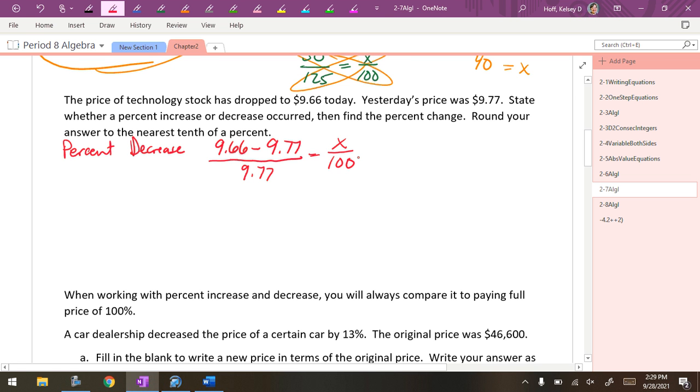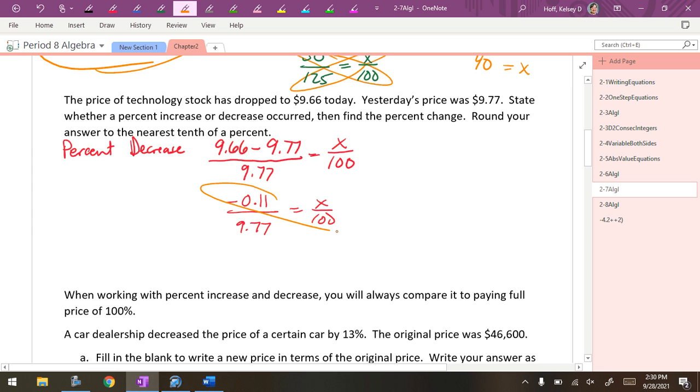We're trying to find the percentage. 9.66 minus 9.77. Negative 11 cents. Does that make sense? Yeah. Why? It dropped. It's a decrease. If you don't get a negative there, you screwed something up. Okay, over 9.77 equals x out of 100.